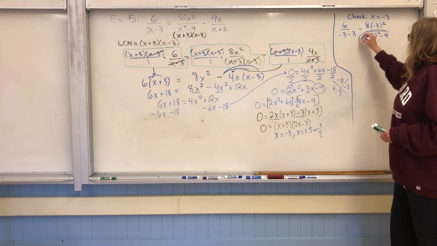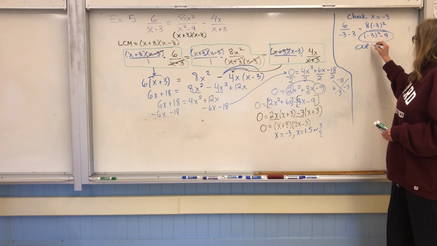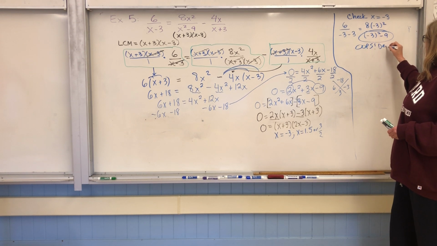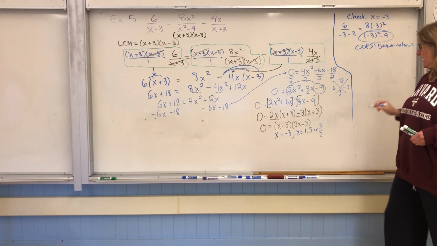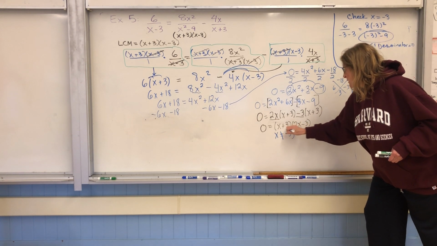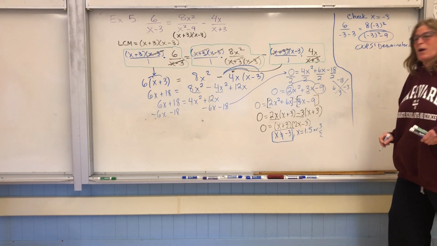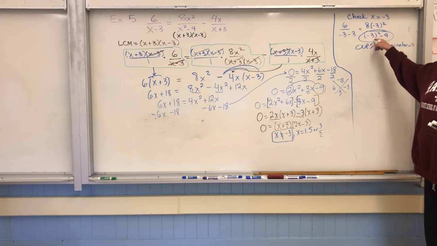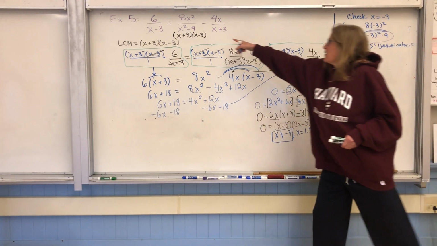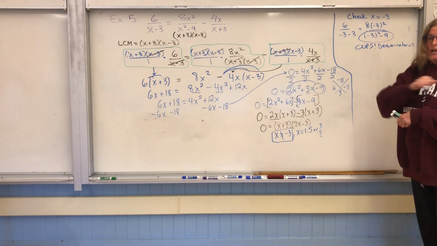Oops! The denominator is 0. So guess what, guys? Sorry, negative 3. I don't even need to go any further. Once it happens, it's out. I would also have a problem over here if I put negative 3, but once I see it once, goodbye.